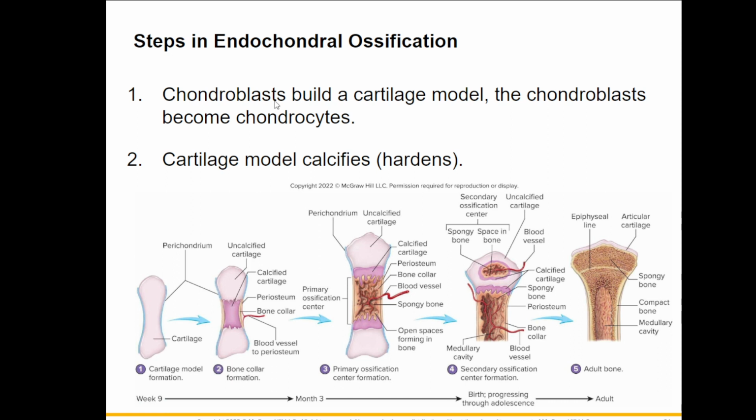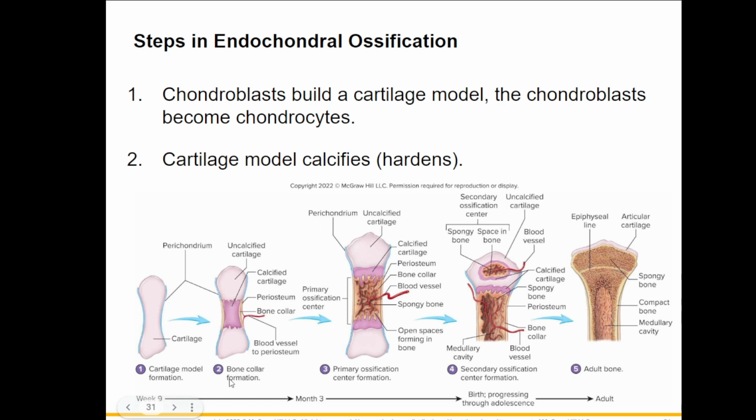Again, blasts are forming cells. So they are cartilage forming cells, tong chondroblast. So they create first the cartilage model. And yung mga chondroblasts, which are trapped inside the cartilage, will become your chondrocytes. Alright? So after number 1, you already formed the cartilage model.